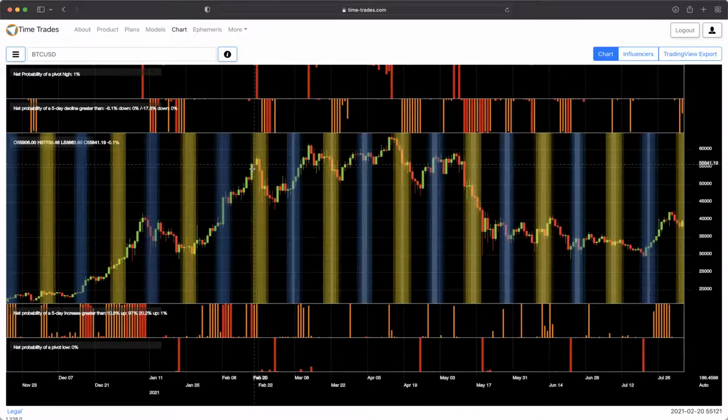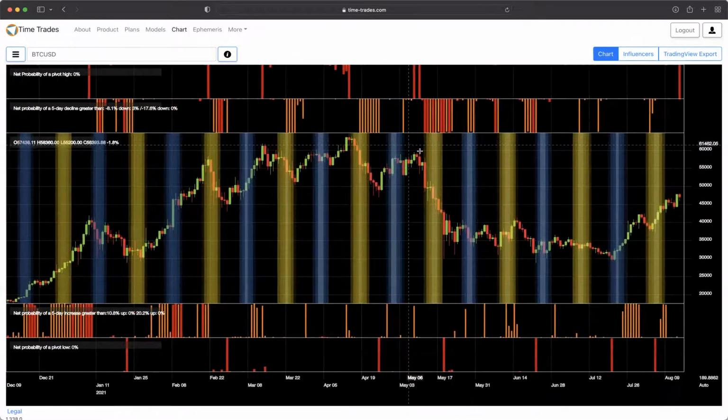So this was kind of the clue that there's a change in regime here, in that price has gone from making lows during yellow to highs during yellow. It made a strong high here in February during yellow, and then another near high in March, and then another high in April.